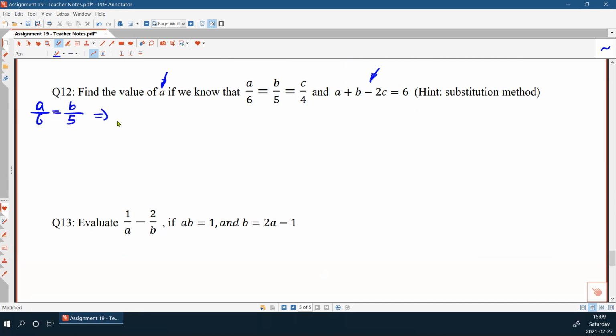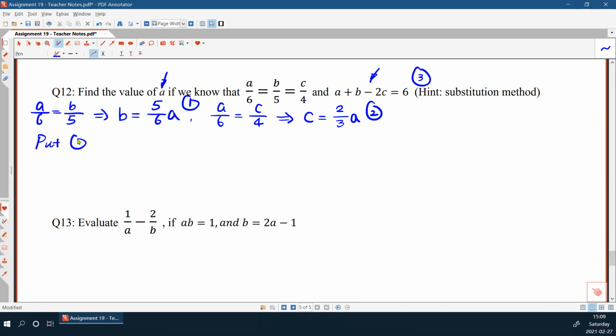This gives you b is actually 5 over 6 times a, right? And you also know that a over 6 equals c over 4. This is actually a relationship between c and a, right? So now we know that c is 2 over 3 times a, right? Okay, suppose we denote this is 1, this is number 2, and this is number 3. Now we can then put 1 and 2 into 3, right?